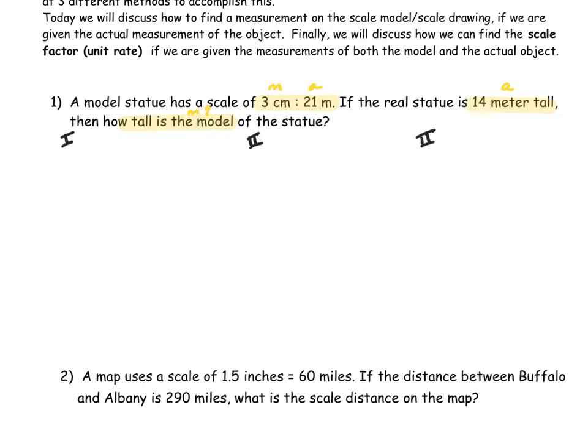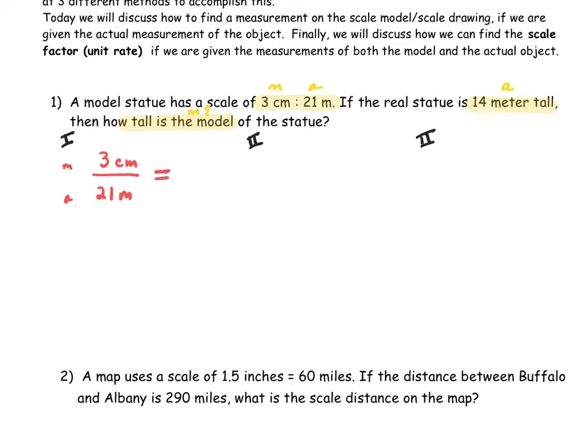So we're going to start the very first way talking about a proportion. And right off the bat, they told us 3 centimeters, and I want to label because it will help me make my other ratio, to 21 meters. So this is the model, this is the actual.